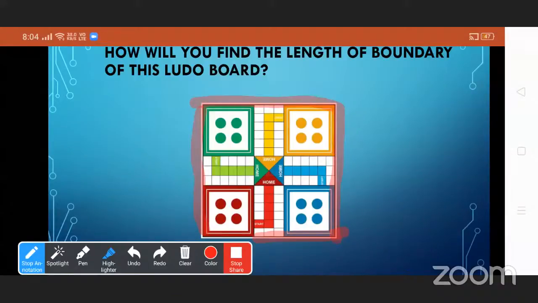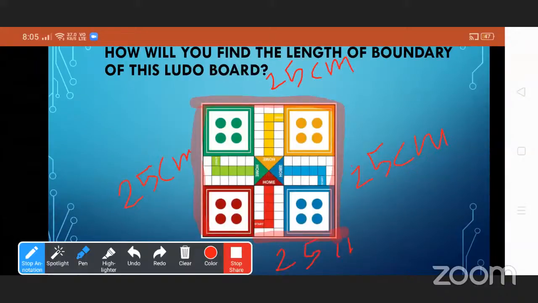If one side is 25 centimeter, so this one is also 25 centimeter. It looks like a square. So this one is also 25 centimeter, and this one also.